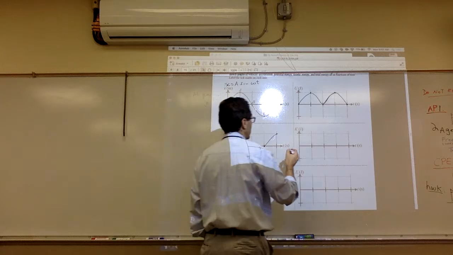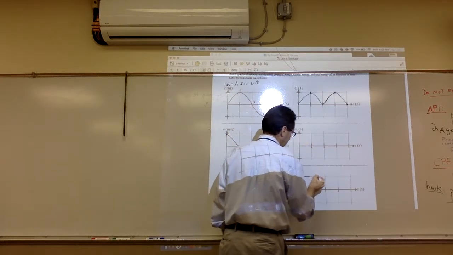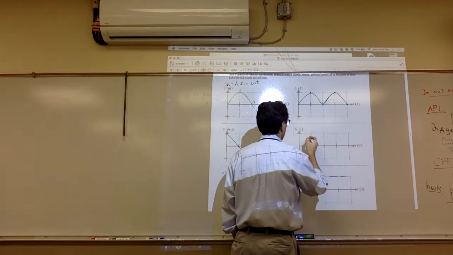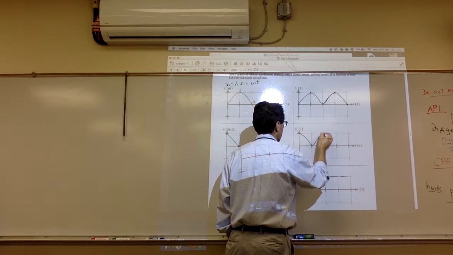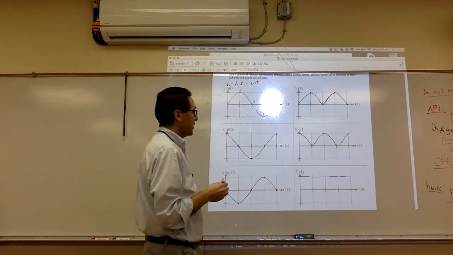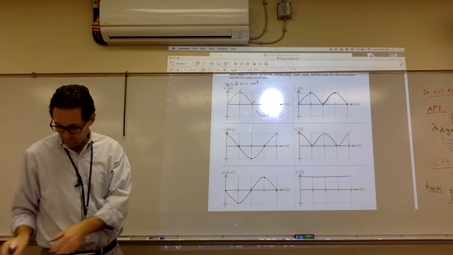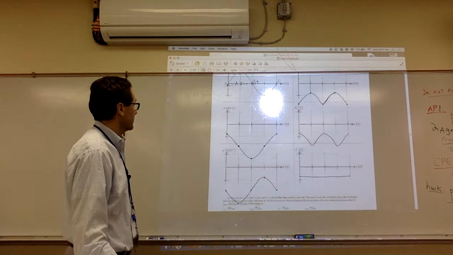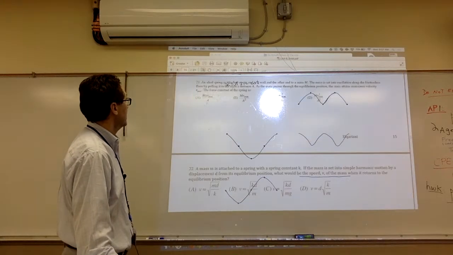Now the kinetic energy is just going to be the opposite of that because the total energy has to remain constant at this value. So this one is going to look like that. Okay? So it's just going to be the flip. Okay. Now let's go back to our normal size.